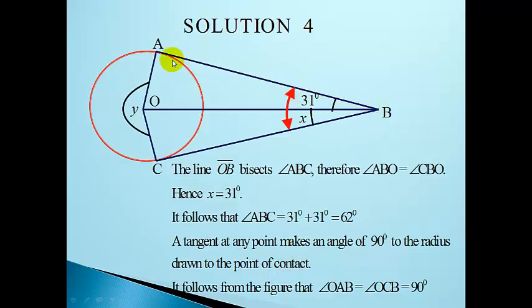So it means that the angle at A is 90 degrees and the angle at C is 90 degrees, because AB and BC are tangents to the circle, and the angle between the tangent and the radius of the circle is 90 degrees. So angle OAB, the angle at A, is equal to angle OCB, the angle at C, and this is equal to 90 degrees.